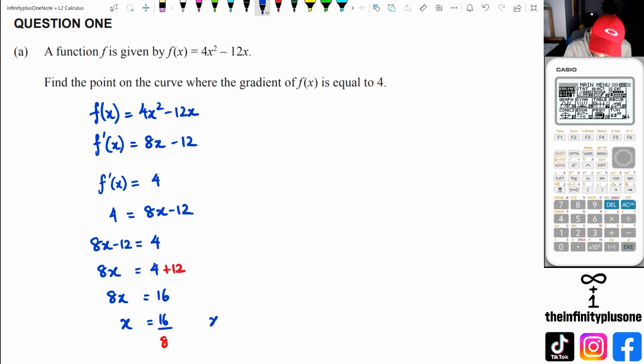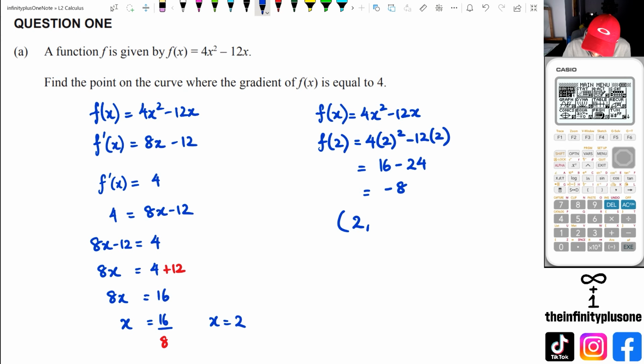Now remember, f of x is equal to 4x squared minus 12x. So I want to figure out what f of 2 is. So 4 times 2 squared minus 12 times 2. And I should get 16 take away 24, which gives me negative 8. So the point where the gradient is equal to positive 4, the point is 2, negative 8.